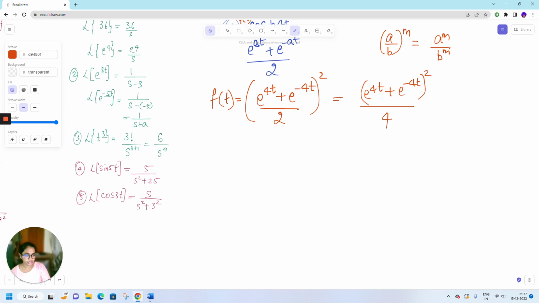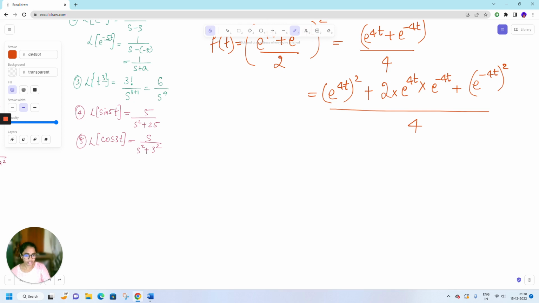Can you observe in the numerator we have a plus b whole square. What is a plus b whole square? It is a square, that is e power 4t whole square, plus 2 into e power 4t into e power minus 4t, plus e to the power minus 4t the whole square, whole thing divided by 4.